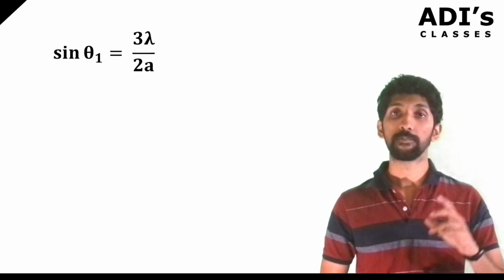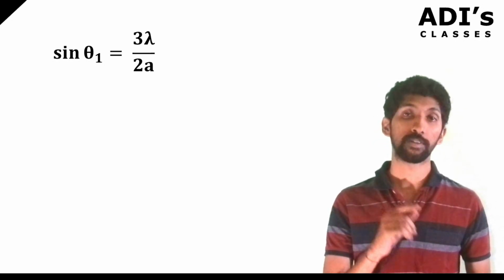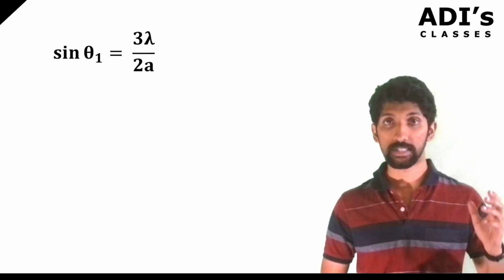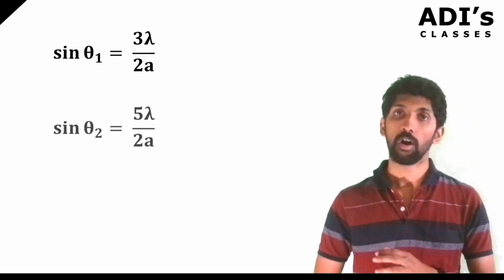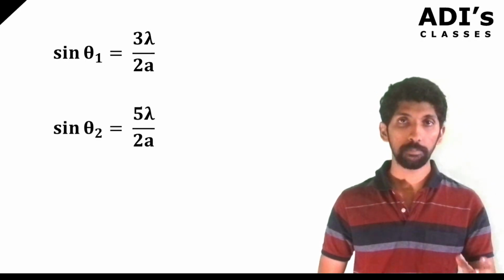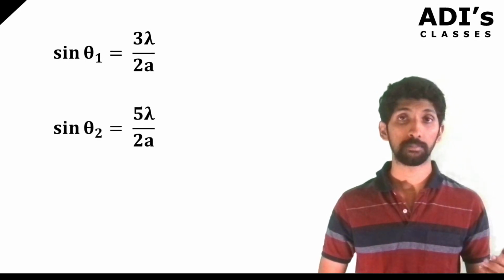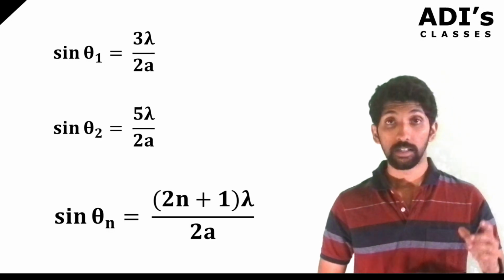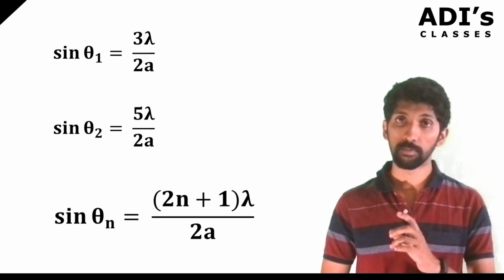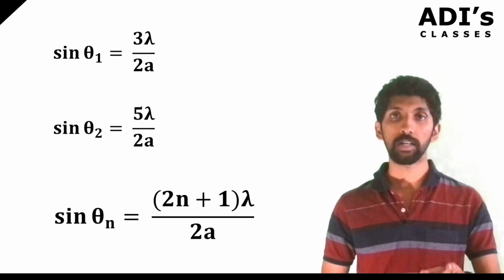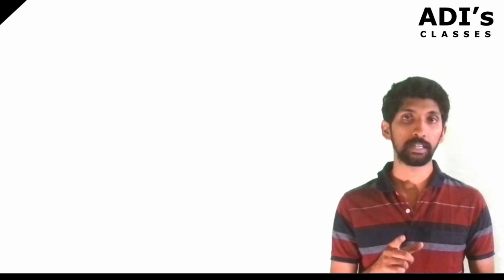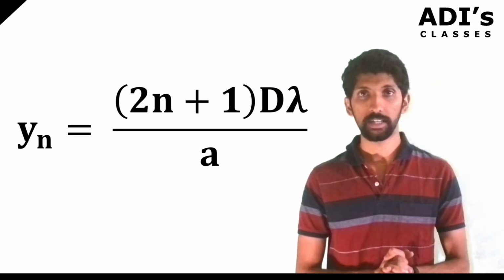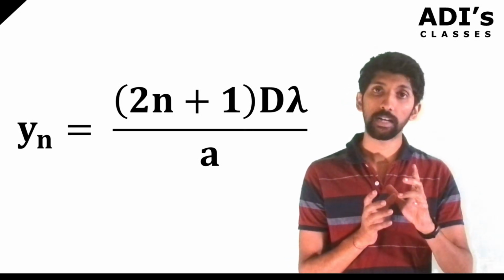Similarly, if sin theta 2 is equal to 5 lambda by 2a, then it is the second secondary maximum. Or in other words, if it is (2n plus 1) into lambda divided by 2a, then it is the nth maximum, right? The distance of the nth maximum was given by (2n plus 1) D lambda divided by 2a, right? So this is what we had learnt in the derivation.